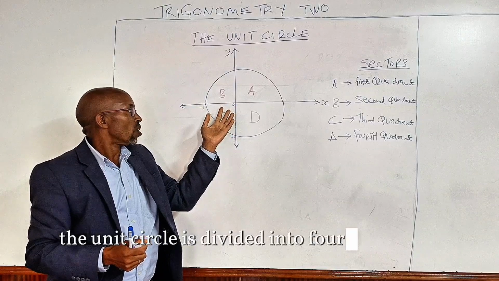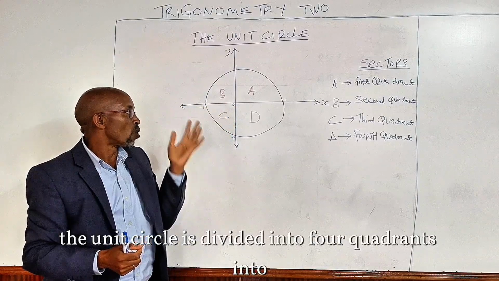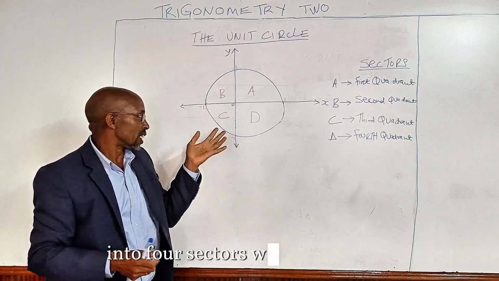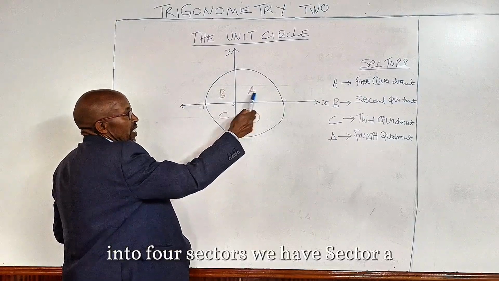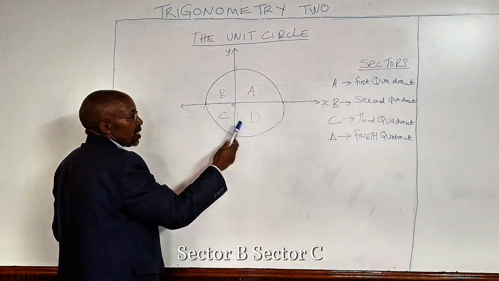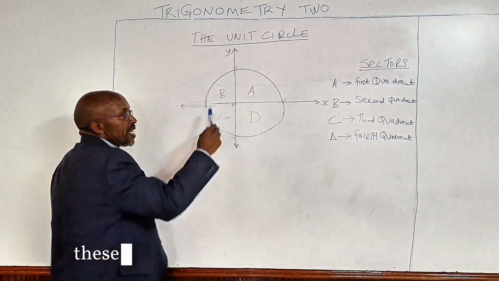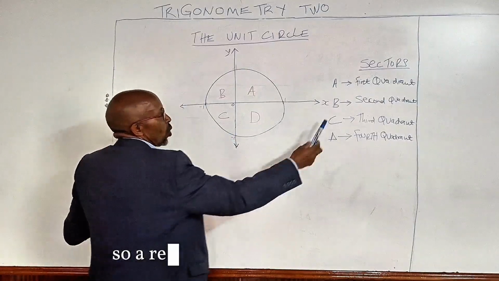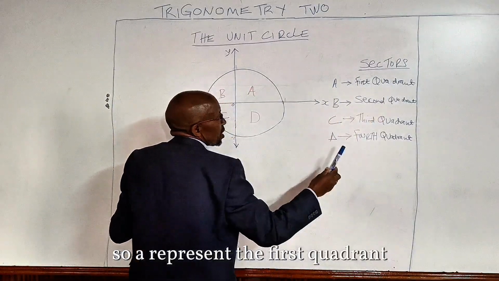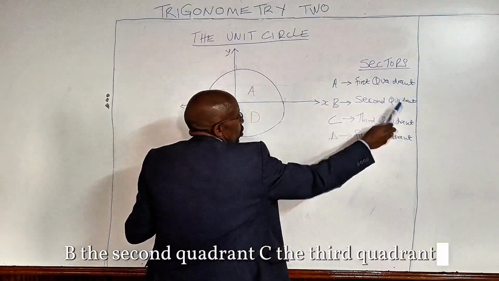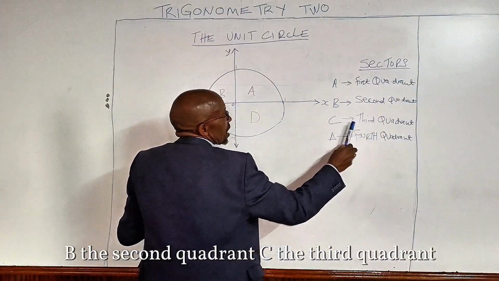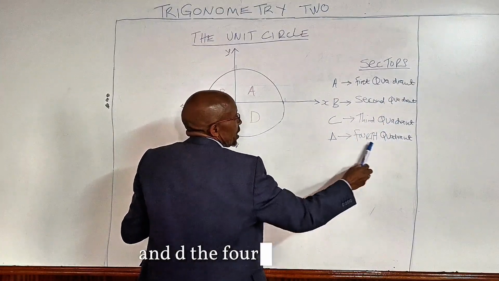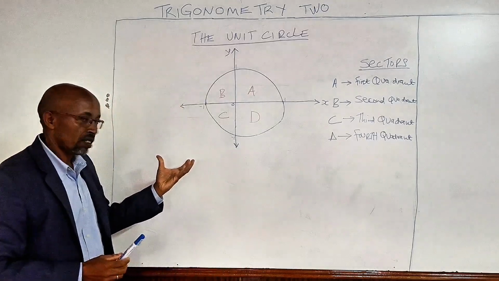The unit circle is divided into 4 quadrants, into 4 sectors. We have sector A, sector B, sector C, sector D. These sectors are referred to as quadrants. So A represents the first quadrant, B the second quadrant, C third quadrant, and D the fourth quadrant.